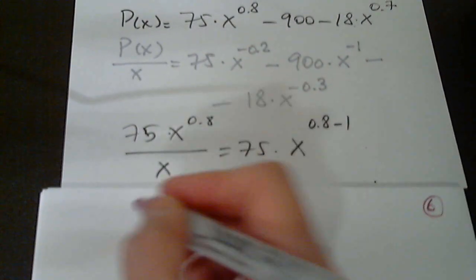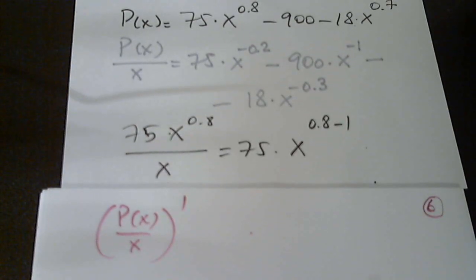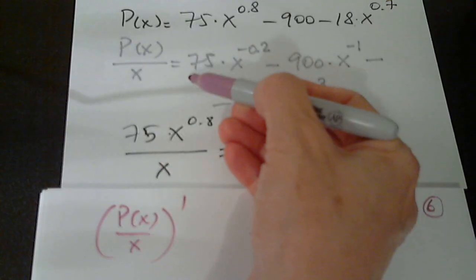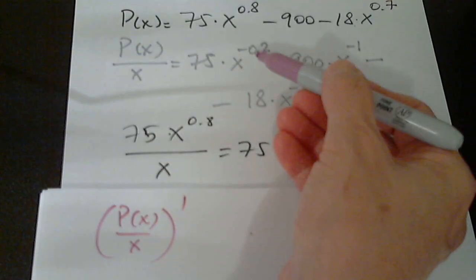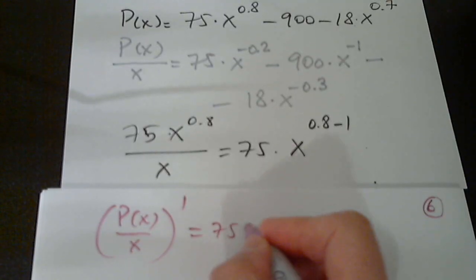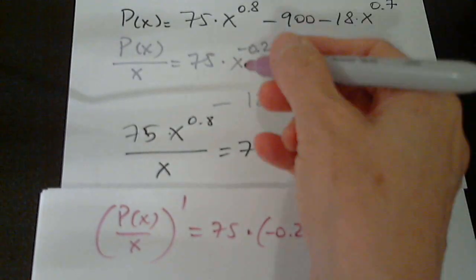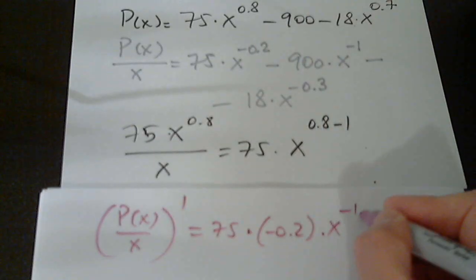So p of x over x, prime. I bring down negative 0.2 and then subtract 1 from the power. So I have 75 times negative 0.2 times x to negative 0.2 minus 1, which is negative 1.2.